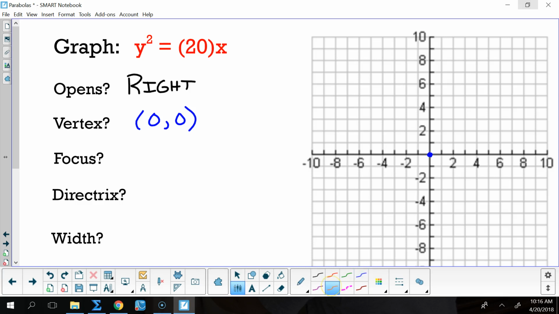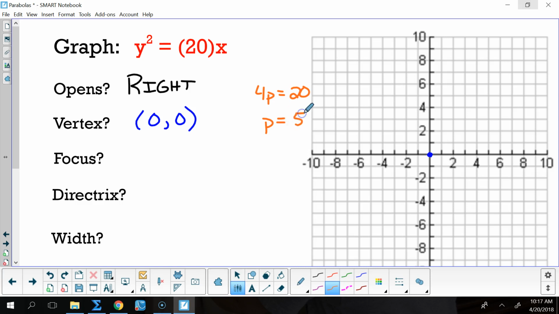Now I go off on the side somewhere. I sidebar it, if you will. What is 4p equal to? 20. So if 4p is 20, what is p? 5.